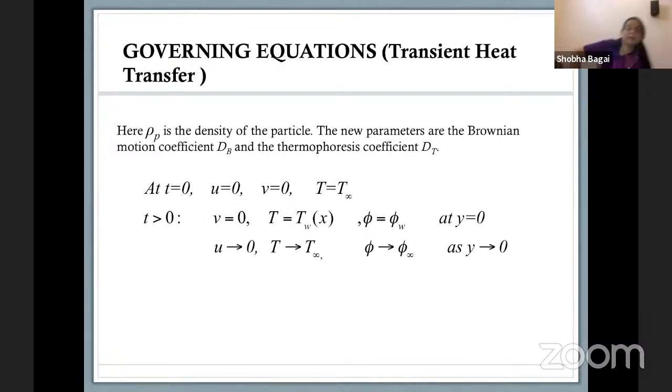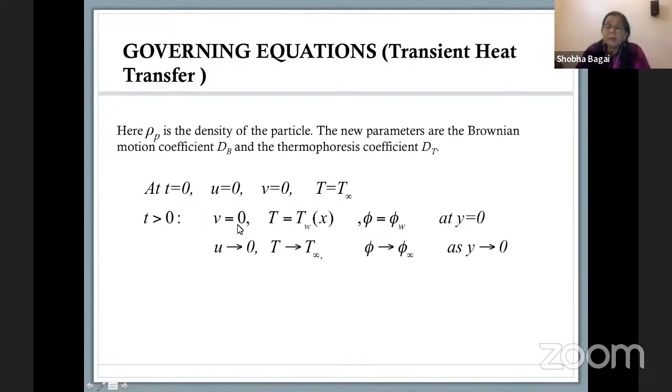So you have that at y equal to 0, which actually means the boundary of the surface of the physical object that we are taking, the temperature is T_w(x). The nanoparticle volume fraction is some constant, which we consider as phi_w.